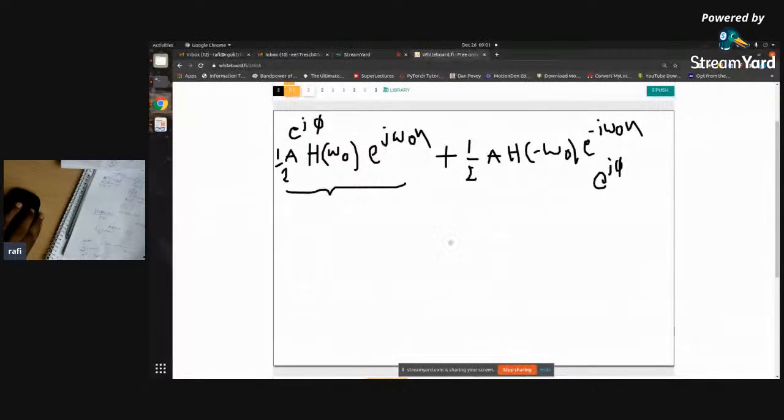So now what we are saying is h of n is real. That means h star of omega naught will be equal to h of minus omega naught, that is the symmetry property of DTFT. That means in the place of h of minus omega naught, you can put h star of omega naught.